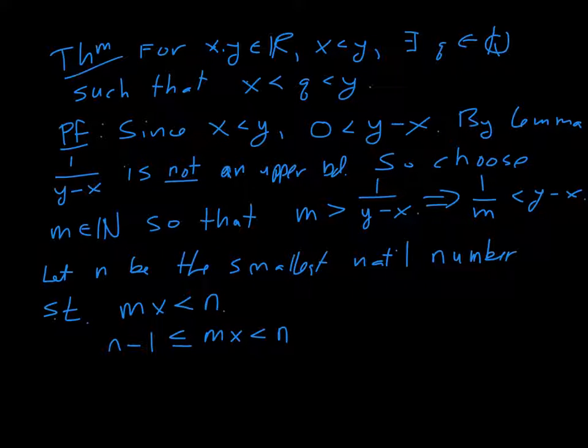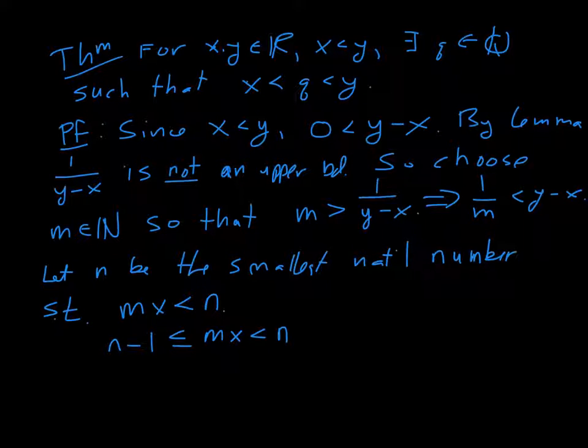Since mx is less than n, and n is the smallest one that makes that true, if I subtract 1 from it, I'm going to get something that is less than or possibly equal to mx.